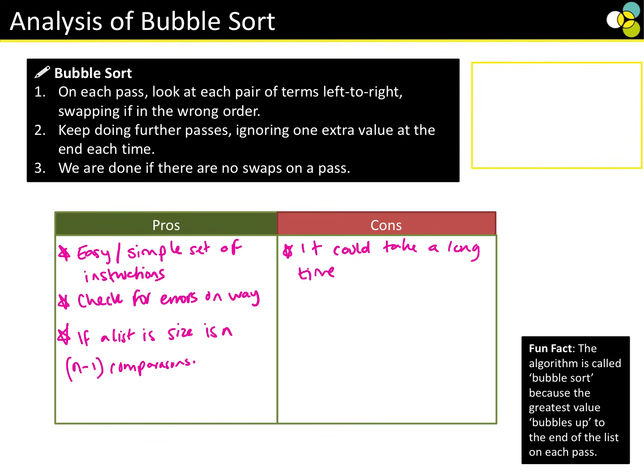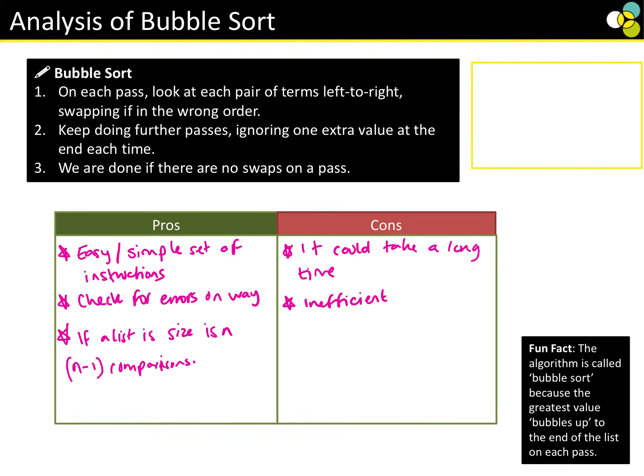Okay, so then the cons. It's extremely inefficient, and that is because each time we're having to do a certain amount of comparisons, aren't we? If we remember what we did before, you saw how long that list was on the first pass.